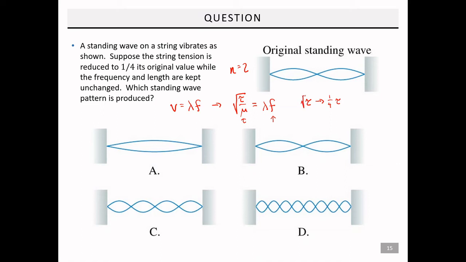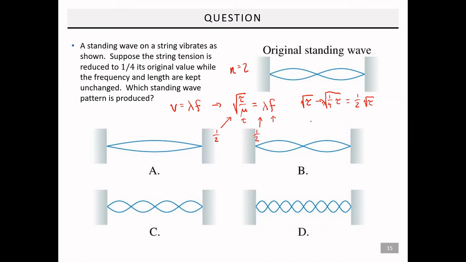You have the square root of tau goes to the square root of 1/4 tau, and this is going to be equal to 1/2 times that square root of tau. So if we reduce tau by 1/4, the left side of this equation reduces by 1/2. To compensate for that, the right side of the equation also has to reduce by 1/2.